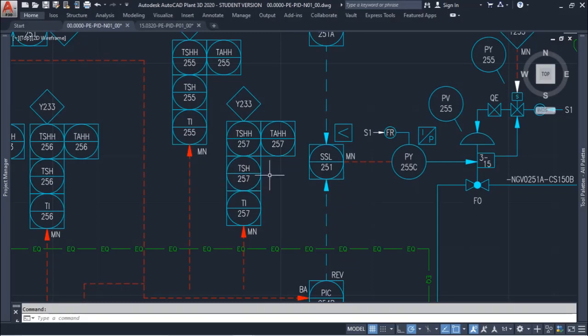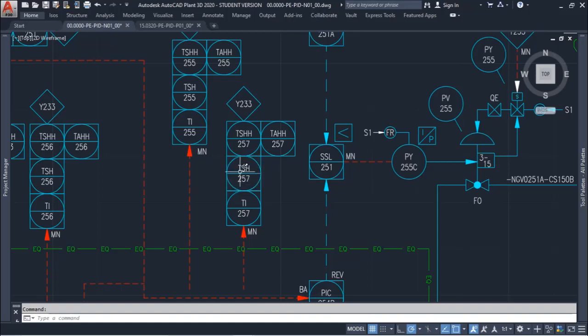So if for some reason there is a higher temperature, the switch will do something, and if it gets too high, we'll have a switch that will result in an alarm and shutdown. It is a preliminary P&ID, so some information is missing here, because we need to show the switch and the alarm.